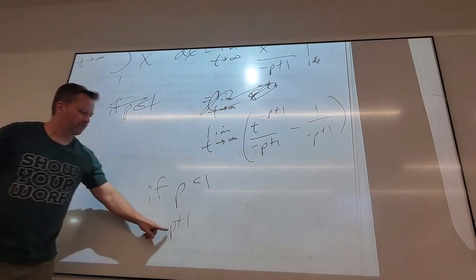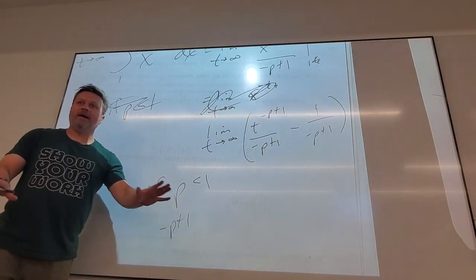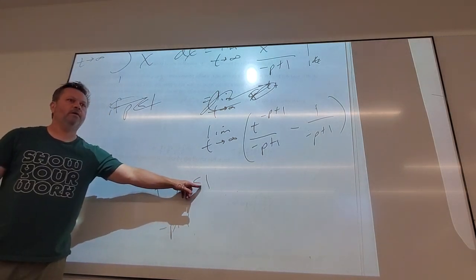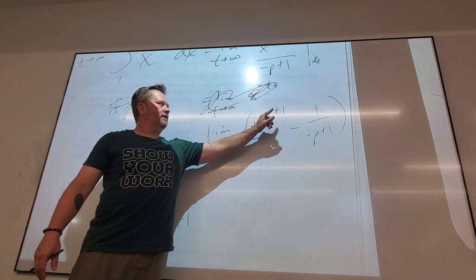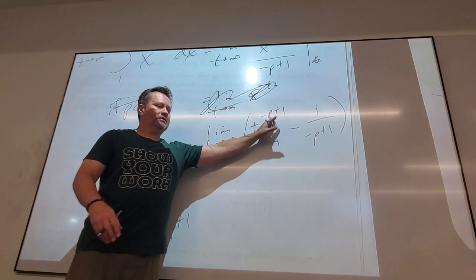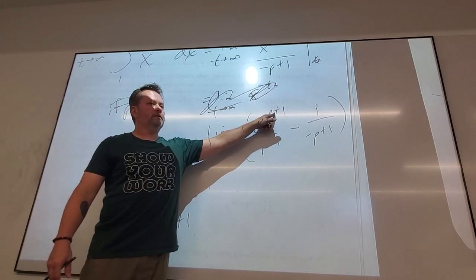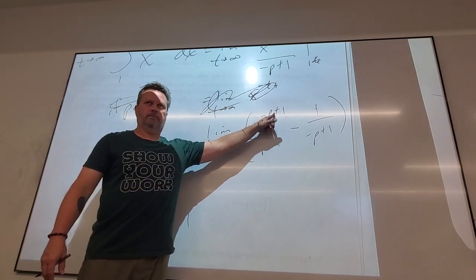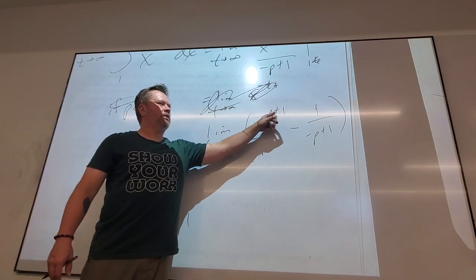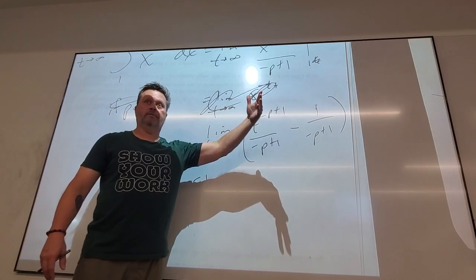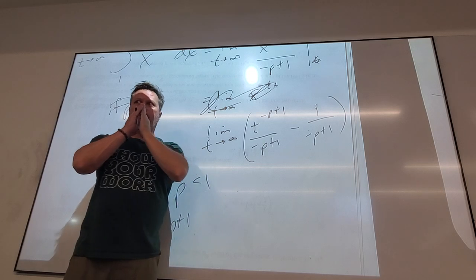And what's negative 1 plus 1? Positive. So if p is less than 1, this power is positive. If p equaled 1, this power would be 0 here, right? You guys with me? If p is 0.9, this power would be positive. Yes? Okay, let me stop for a minute.